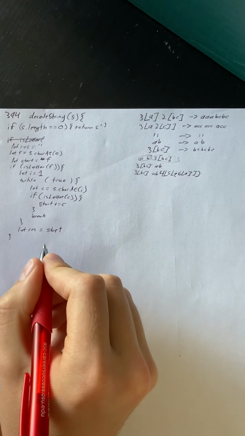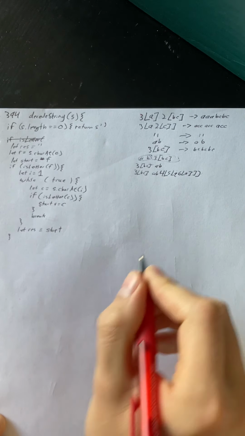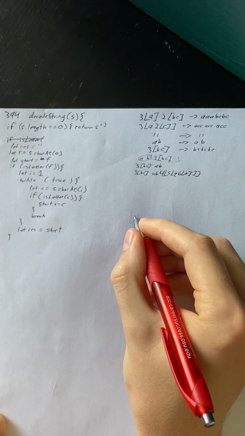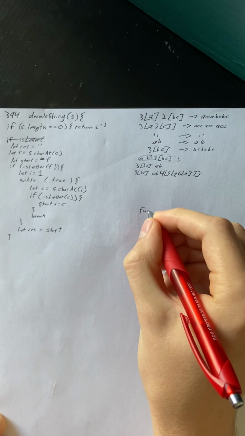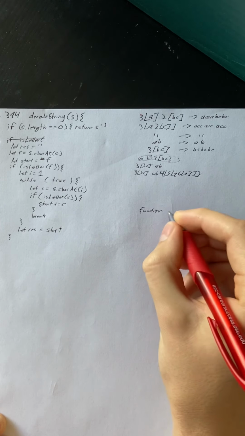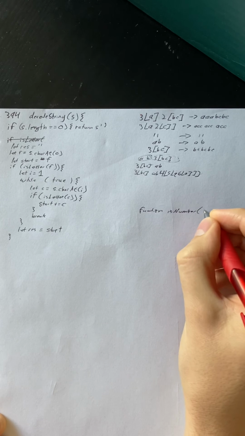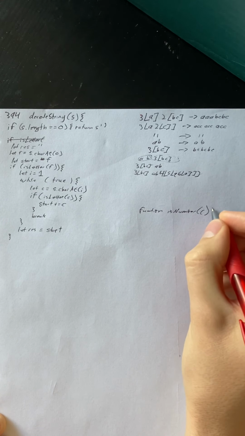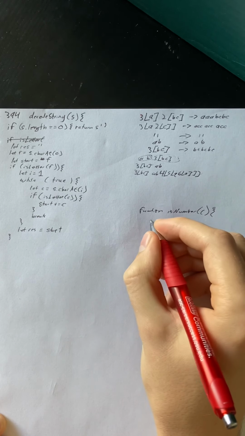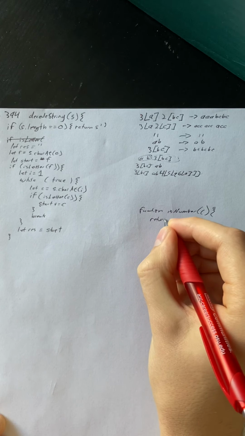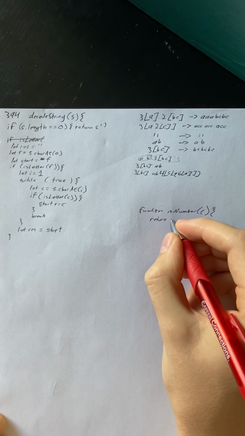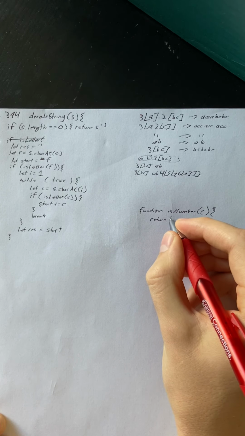And we'll write some easy helper functions. So we're going to write a function called isNumber, and that's going to leverage the JavaScript array includes method.